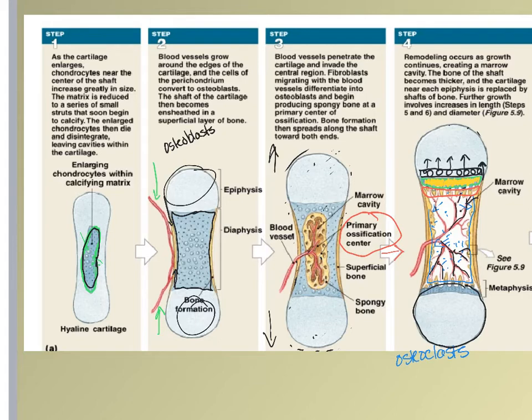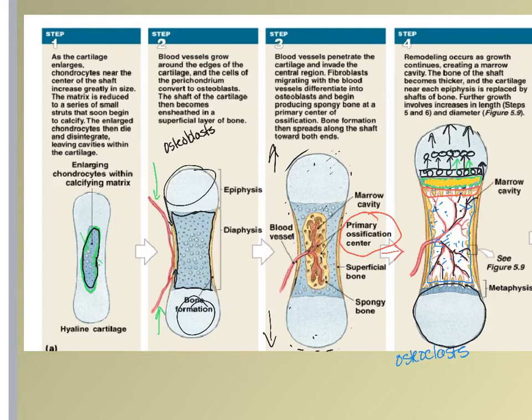You'll still have chondroblasts up here laying down new cartilage, and that will advance the cartilage in this direction, right? But right behind that, you've got osteoblasts that are trying to keep pace with these chondroblasts.